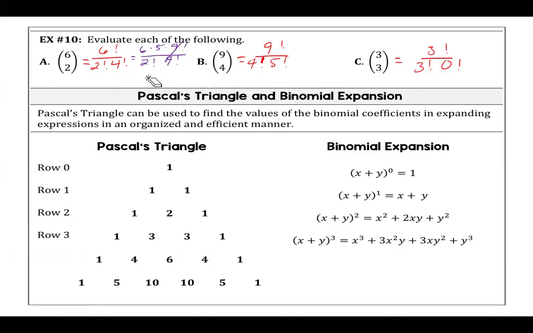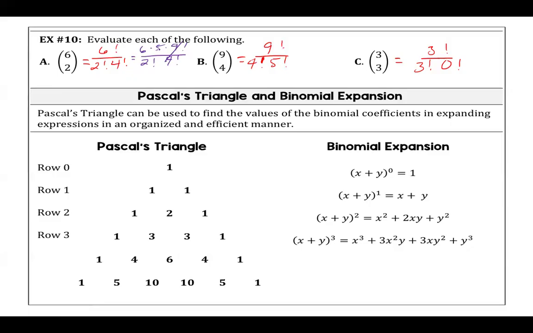Okay, I'll do it again. No one wants you to actually multiply 6 times 5 times 4 times 3 times 2 times 1. That's not the goal. The goal is to reduce and then use smaller numbers to multiply, okay? So look at what's in my denominator. I can eliminate 4 factorial, so I need to write 6 factorial with a 4 factorial in it. 6 factorial means 6 times 5 times 4 times 3 times 2 times 1.